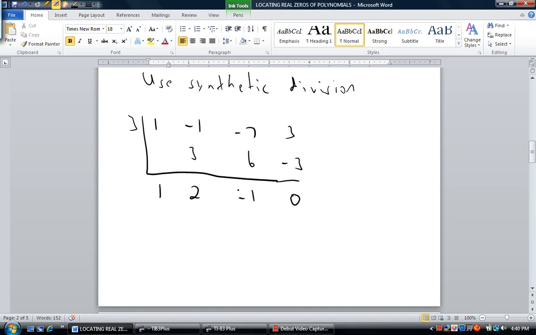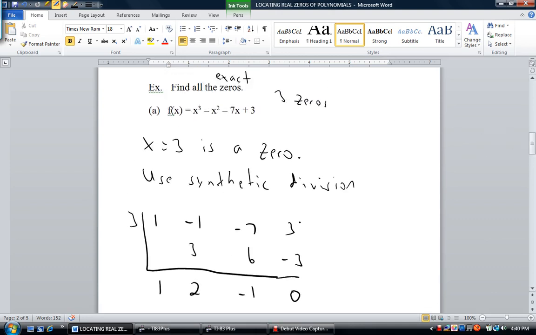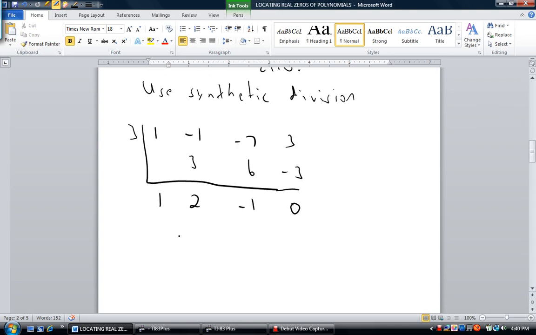Now what this means is, since the polynomial began with x cubed, 1 is going to be our x squared, so it's going to be like 1x squared. I don't need the 1, but I put it in there anyway. Plus, and then we go x, and then we go a constant. This is a factor.